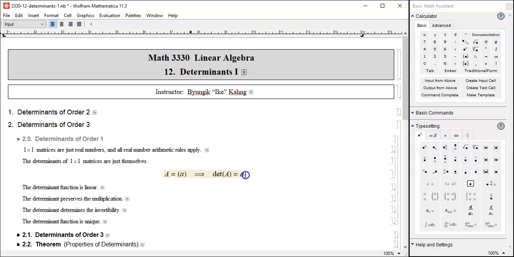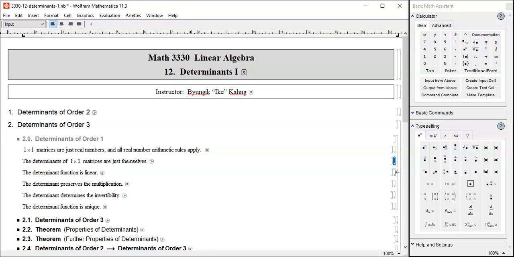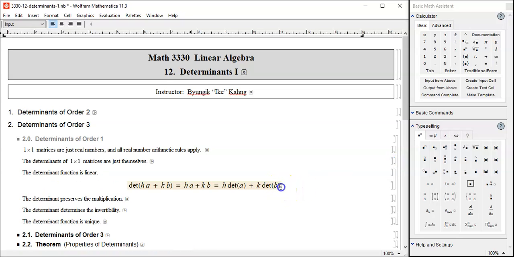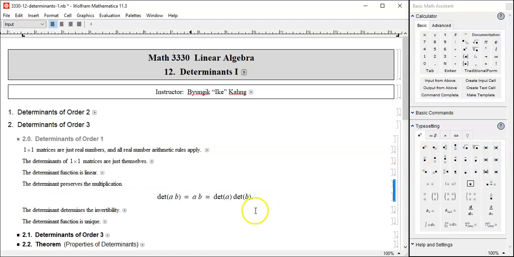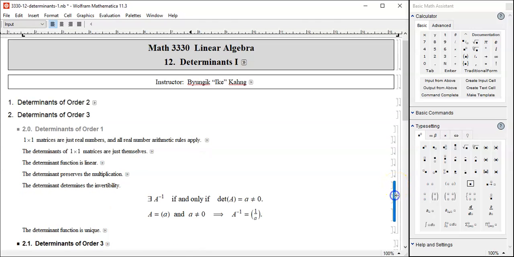So the determinant of a 1 by 1 matrix is just itself, and consequently it's linear. It's itself, though. And then it preserves the multiplication, because itself is multiplication. And then invertibility.